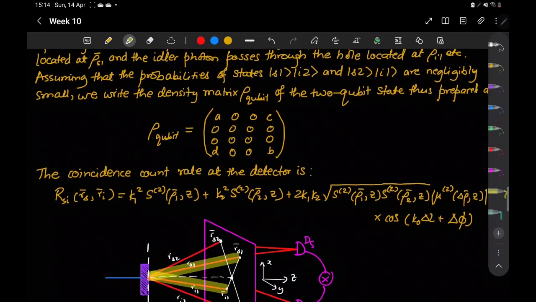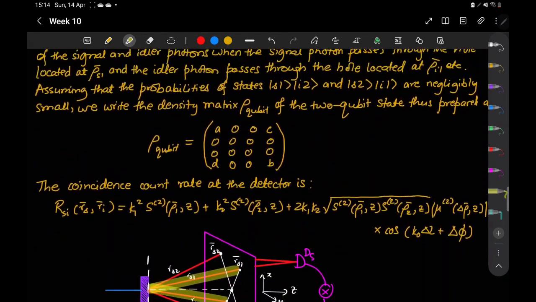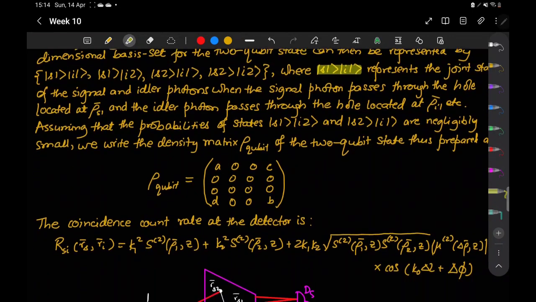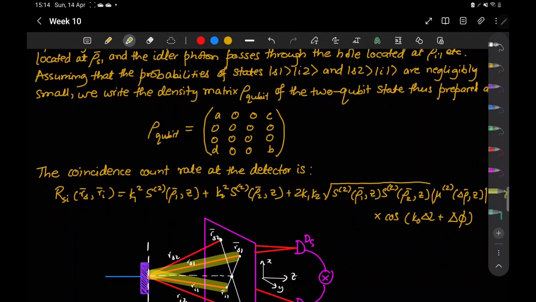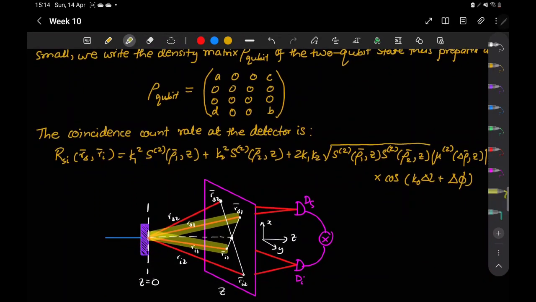This is what we are looking at, and this is the joint probability S1I1. Signal passing through the hole located at rho S1 and idler through the hole at rho I1.